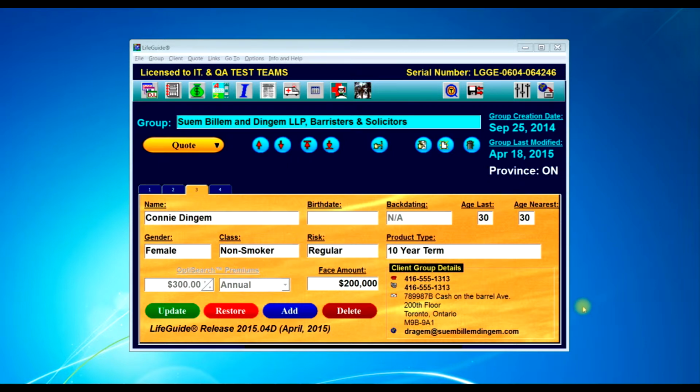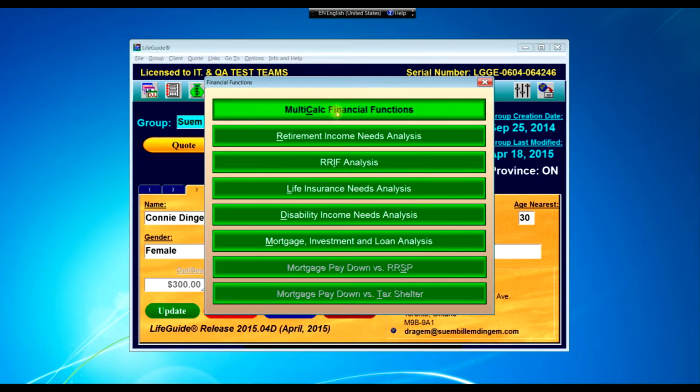So let's do it. First, we go to the multi-calc functions. We click on the money bag icon at the top of LifeGuide's main screen, and we select multi-calc.